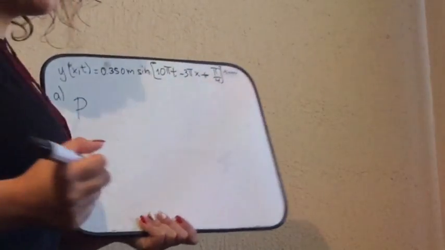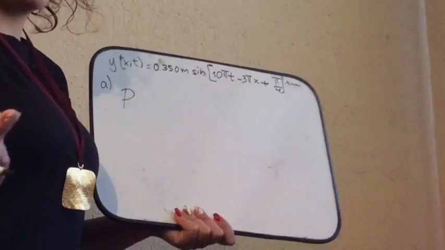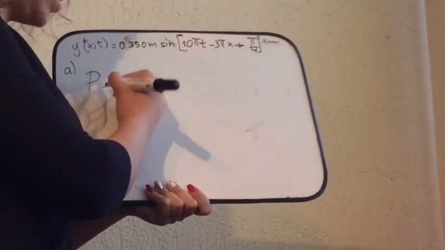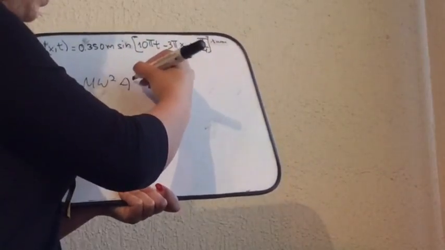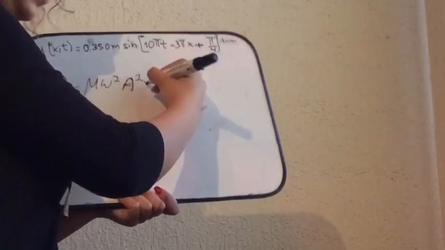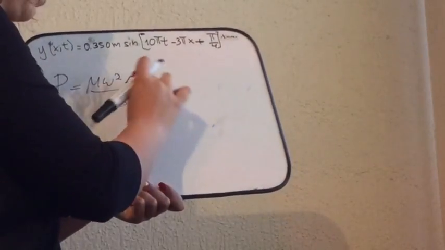So the average rate at which energy travels is also known as power. So P, in this case, equals mu times omega times the amplitude squared times v divided by 2.